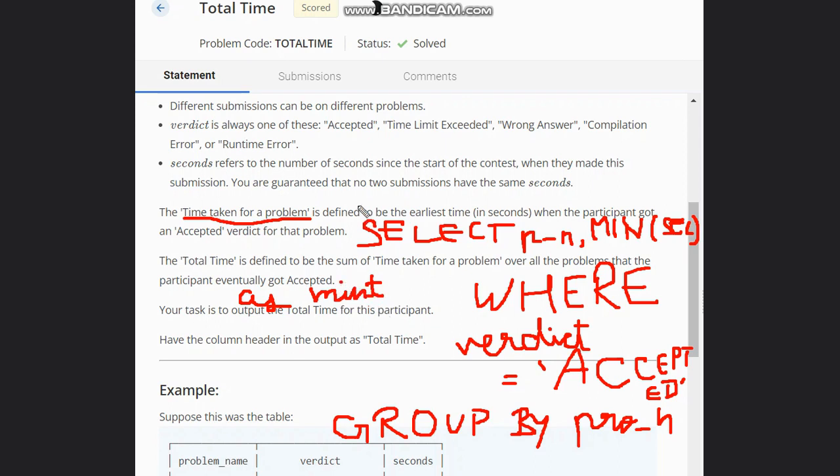And for all this, the query will run, and what will we be getting? Minimum time. So I am writing, store this as minimum time.